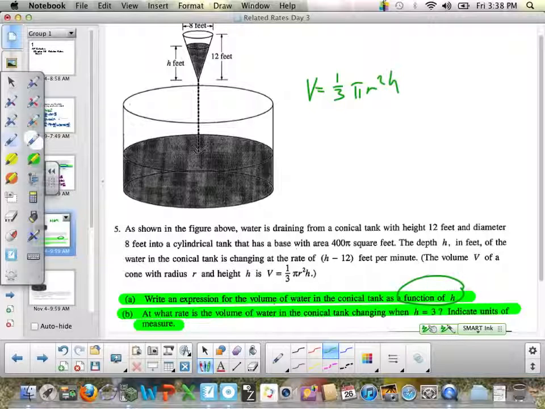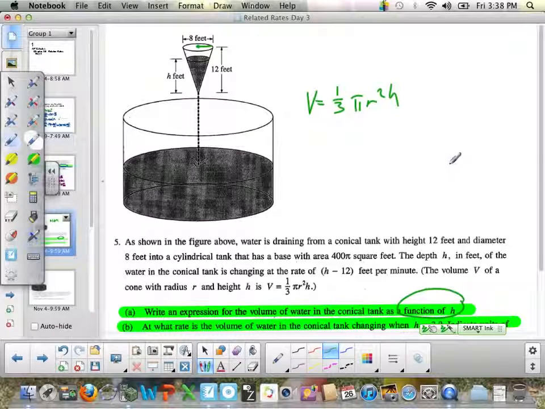So if we take a look at this diagram we have up here, let's bring that down so you can see it a little bit better. All right, we can see that when the radius is 4, the height is 12. So we can set up the ratio and solve it for r so that we can substitute r in and get rid of it and have just an h.